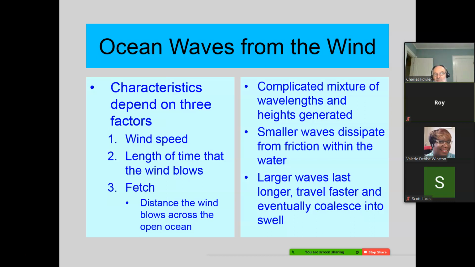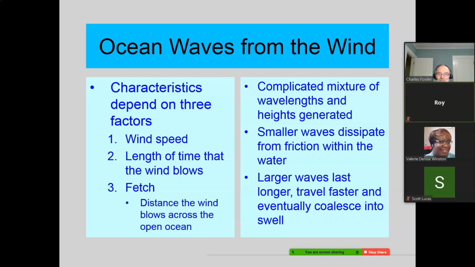Okay, and of course, the longer the wavelength, probably the longer the wave period as well, crest to crest. So when I say length, that also affects the period. So it's the distance the wind blows across the open ocean.